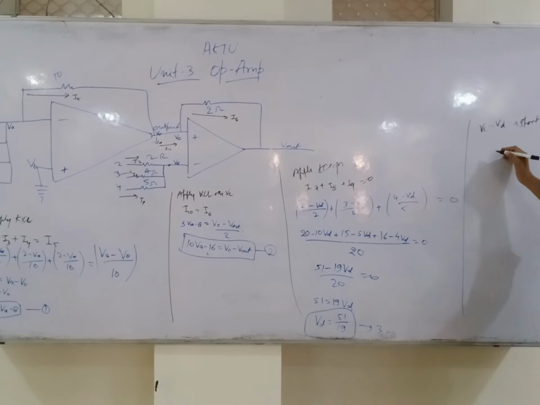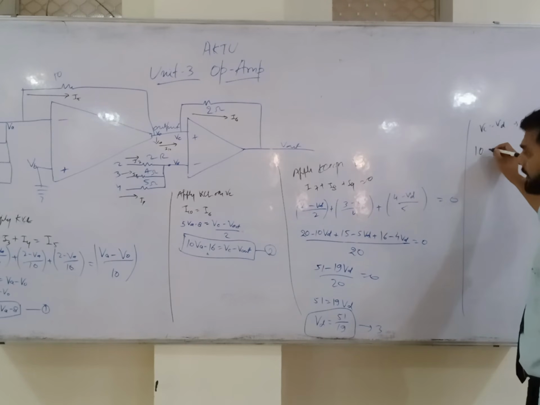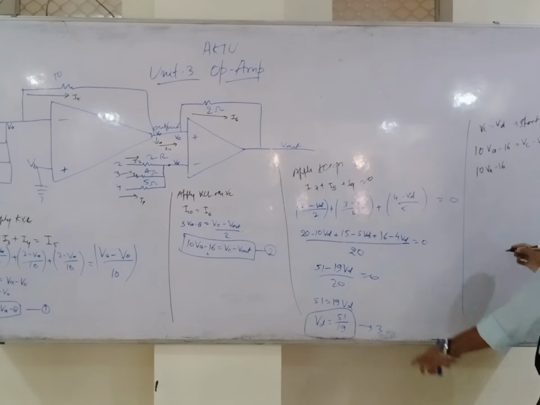So put in 10VA minus 16 is equal to VC minus V output, where VC is 51 upon 19.